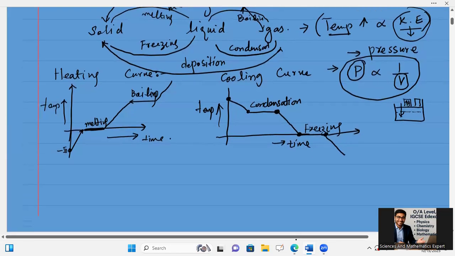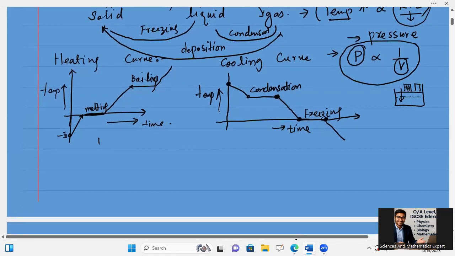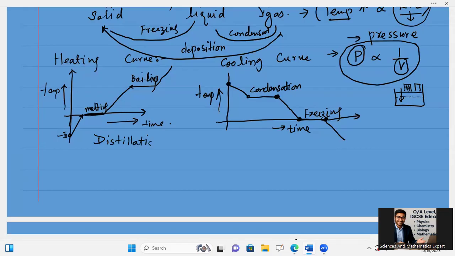Let's move to the next section, that is called distillation. Distillation is a process in which I am taking the diffusion of movement of particles from an area of higher concentration to lower. Here I have written distillation, which I am adding according to fractional distillation.